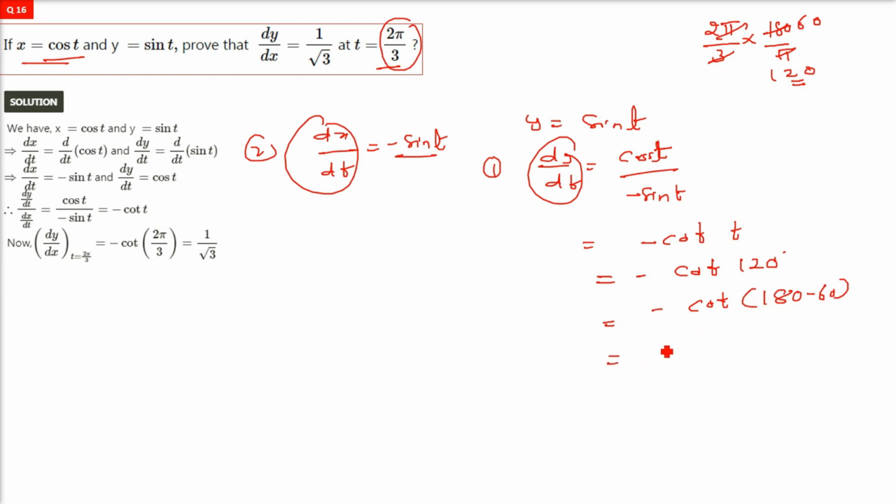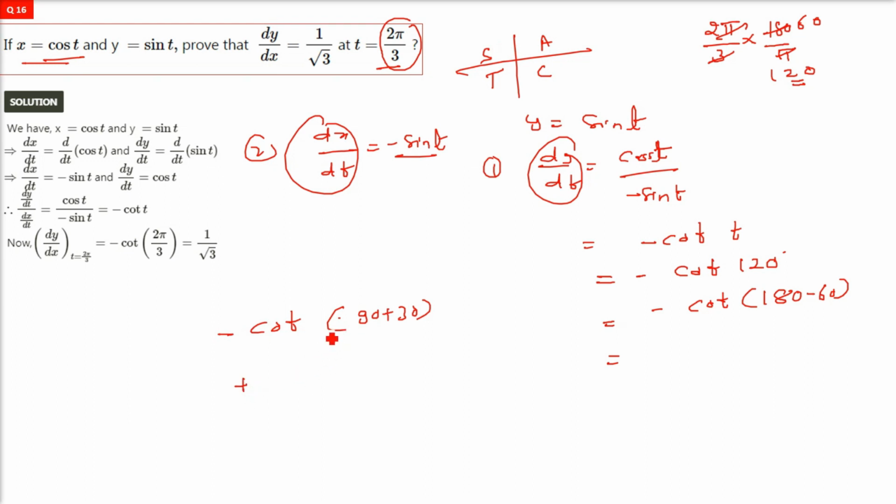Okay. So the better way is always to deal with 90. So minus cot of 90 plus 30. And since whenever we have sin 90 minus theta, it is cos theta. Cos 90 minus theta is sin theta, like that. And if you use the ASTC rule, you can find out whether it will be negative or positive.